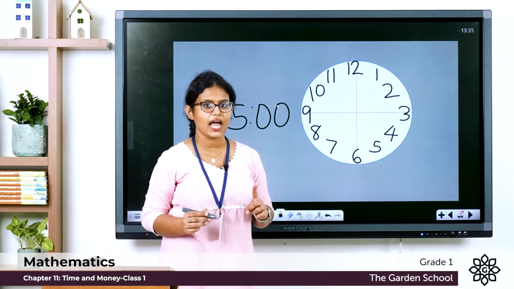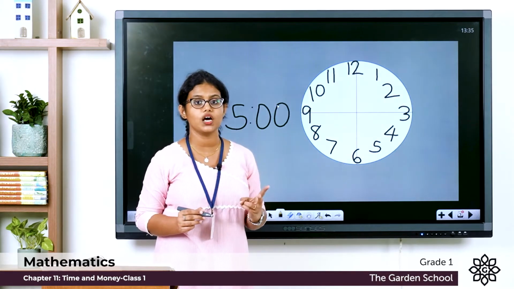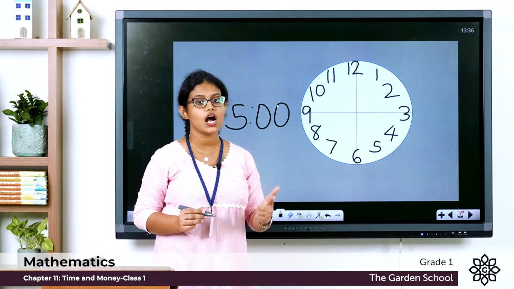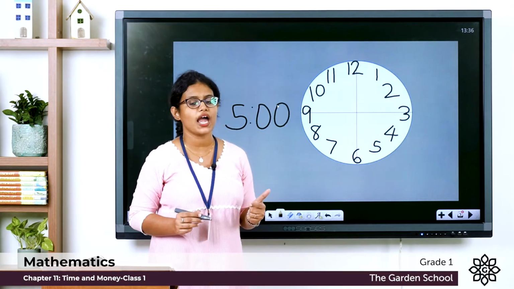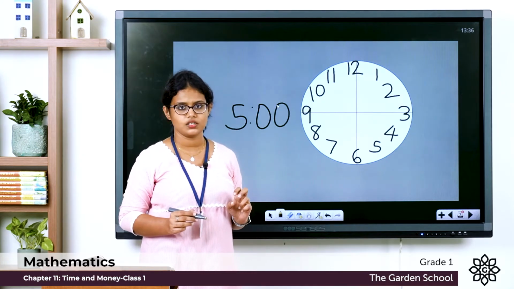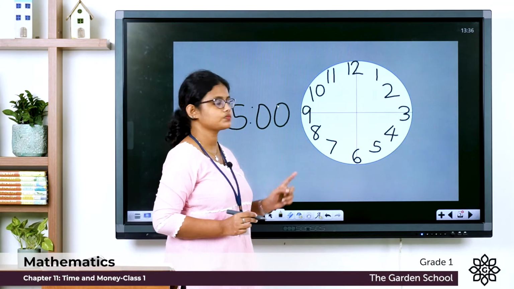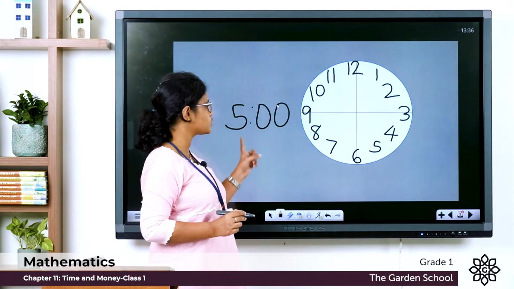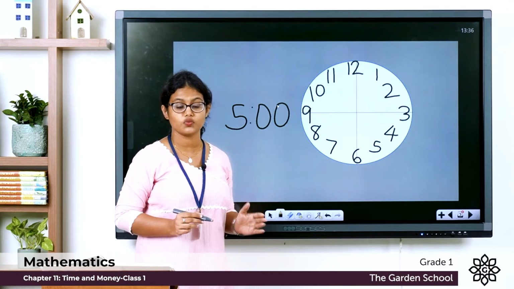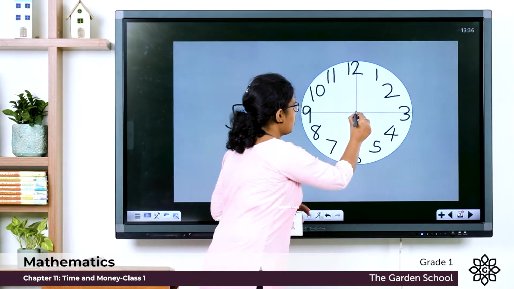We learnt that the hour hand tells what the hour is. The minute hand is the long hand and the hour hand is the short hand. So we need to draw the two hands. We need to represent the time 5, that is 5 o'clock.